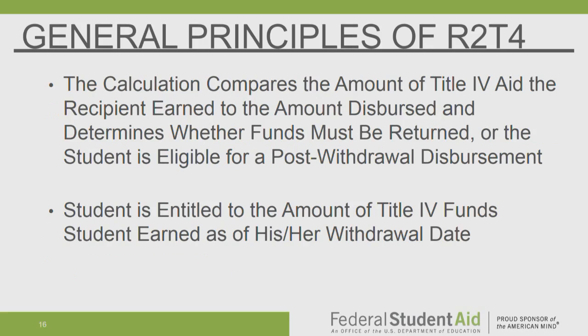What is the purpose of R2T4? It's a calculation that compares the amount of Title IV aid the recipient earned to the amount disbursed, and determines whether funds must be returned or the student is eligible for post-withdrawal disbursement. Keyword, earned.